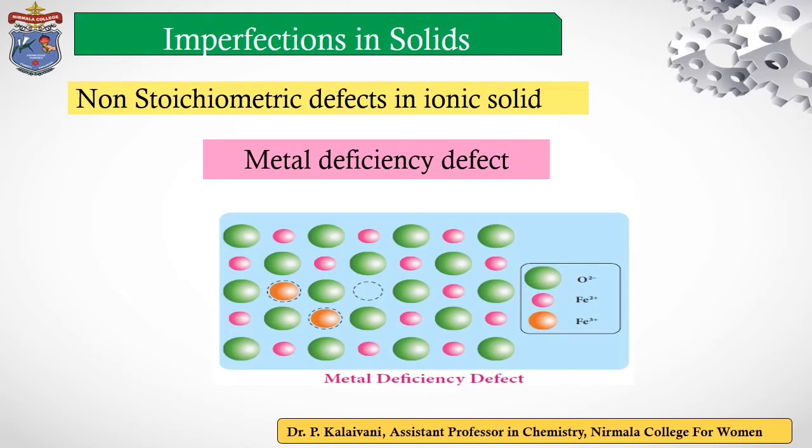In the crystal of ferrous oxide, one Fe2+ ion is missing and two Fe2+ ions acquire one extra positive charge and become Fe3+, so that the electrical neutrality of the oxide crystal may be maintained. In metal deficient defect, movement of a cation is also called movement of a positive hole, and thus the substances are called P-type semiconductors.